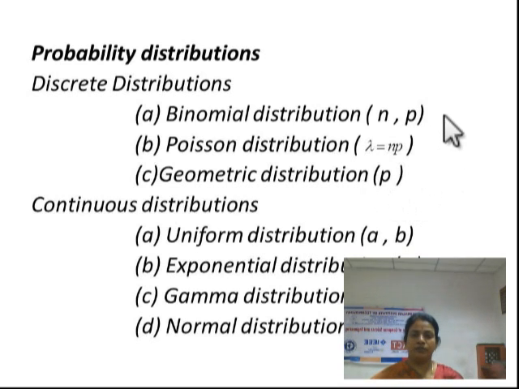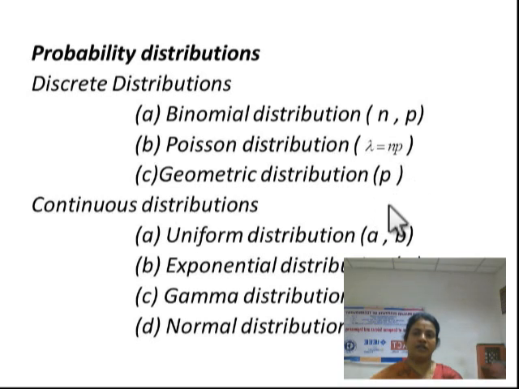When the number of trials and the probability of success are known, we use the binomial distribution. When n tends to infinity and p is very small, for very rare events especially, we use the Poisson distribution. And the geometric distribution is the probability of getting the first success.